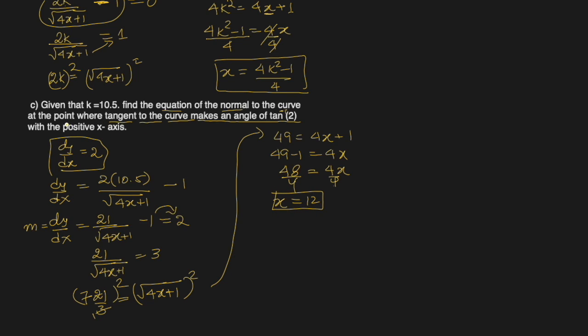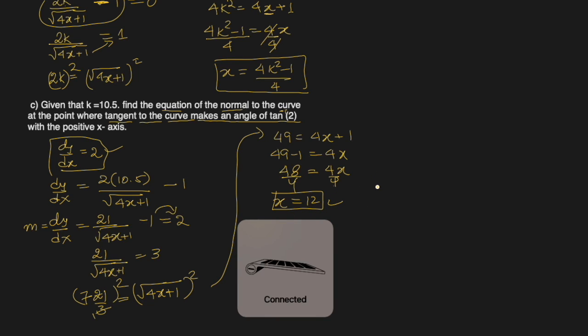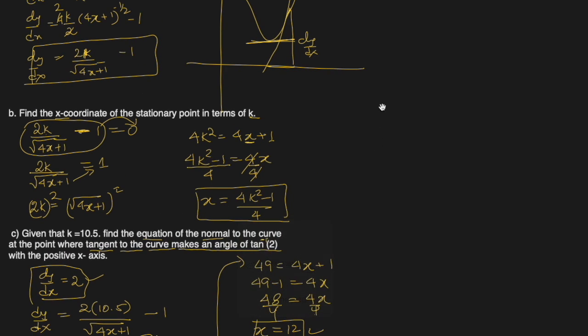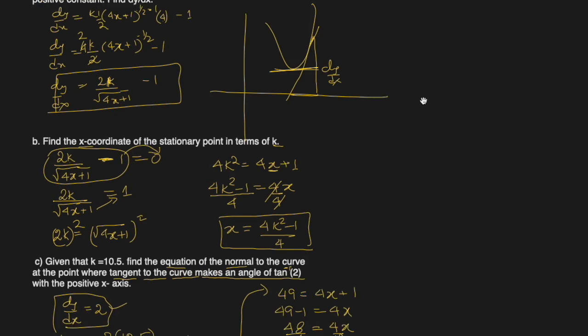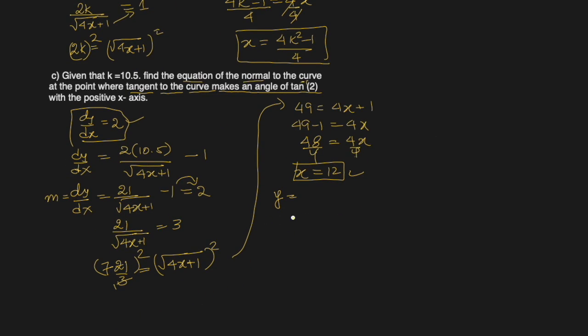What do we want? We want the equation of the normal, not the tangent. So we know the x coordinate, we know m, and now we can find the y coordinate also. So let's find the y coordinate on the curve, and the equation of the curve was this: y equal to k square root 4x plus 1 minus x plus 5. K is 10.5, x is 12 now.